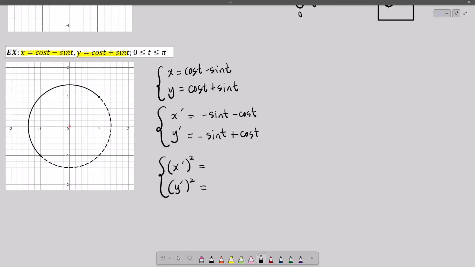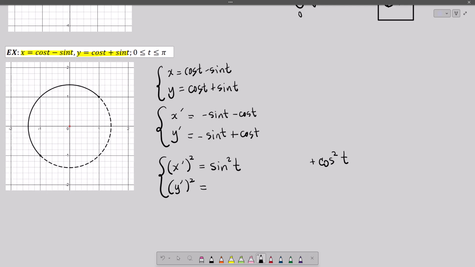So if we've got to square that, we need to FOIL with negative signs. Okay, so foiling this, we're going to get sine squared. And at the end, we're going to get cosine squared over here, positive cosine squared. So those are the easiest two terms.